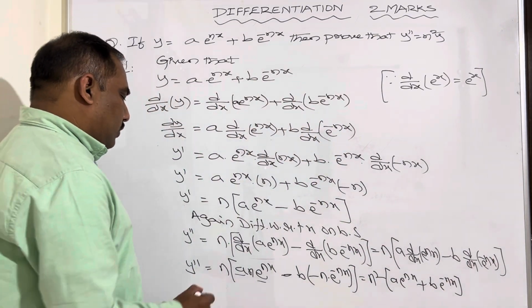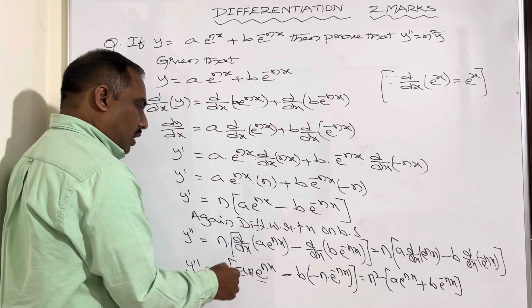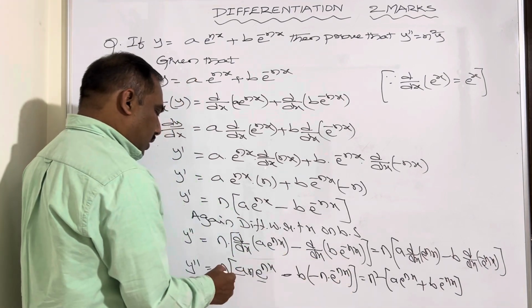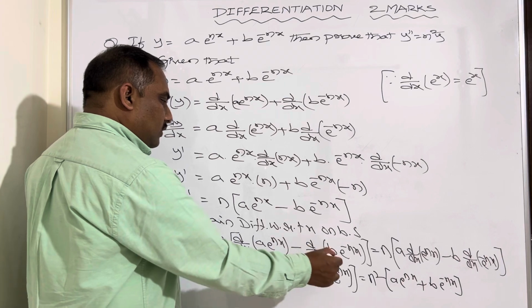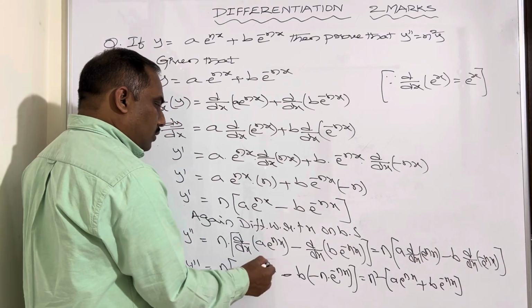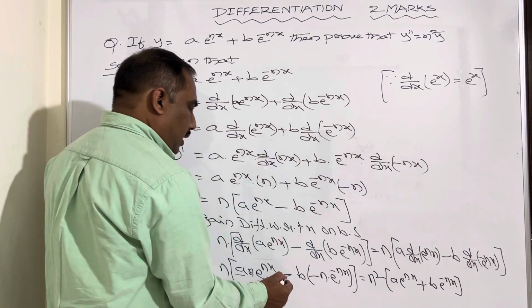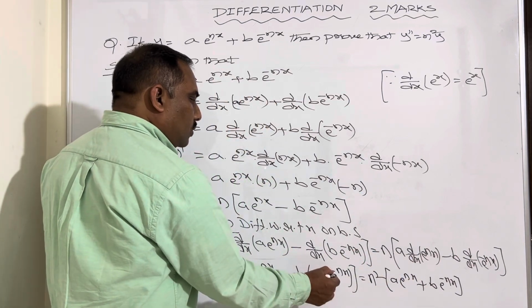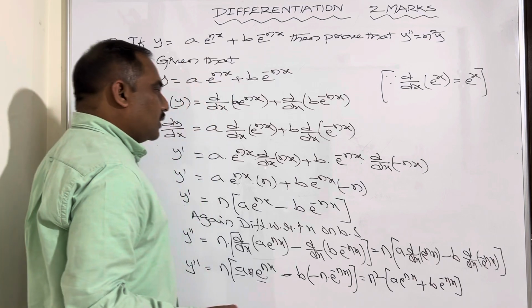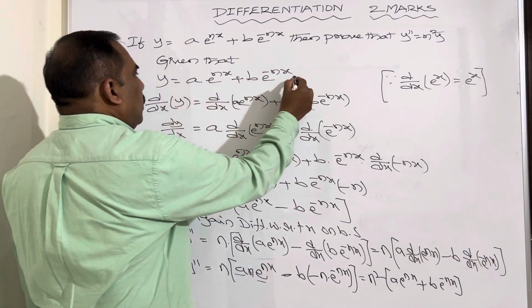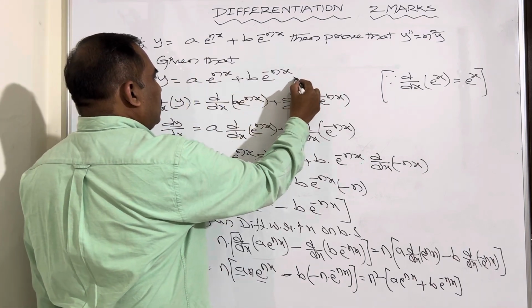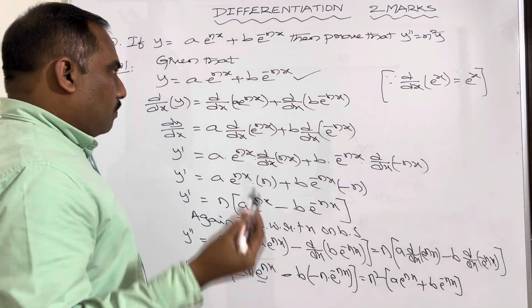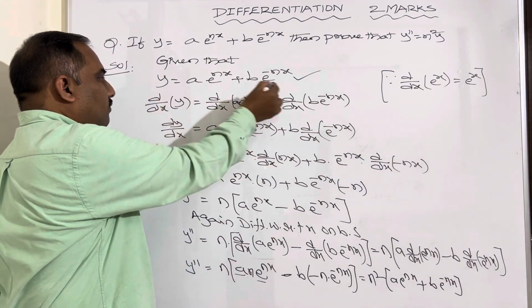Observe here, a into e to the power of nx plus b into e to the power of minus nx is given as y.